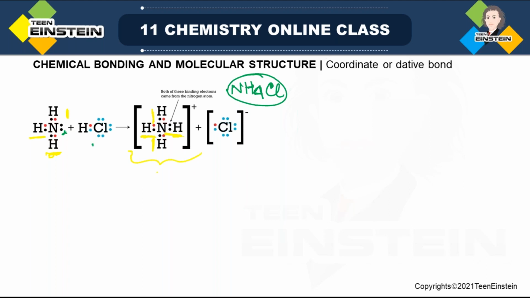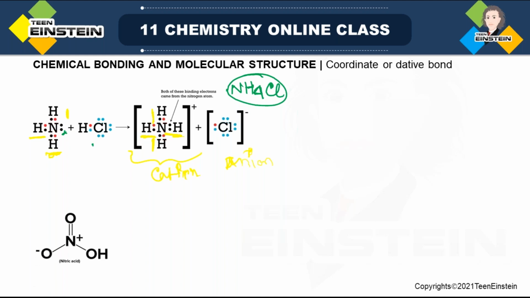So this is our cation, and this is the anion. So these are the three examples of all these types of bonds.